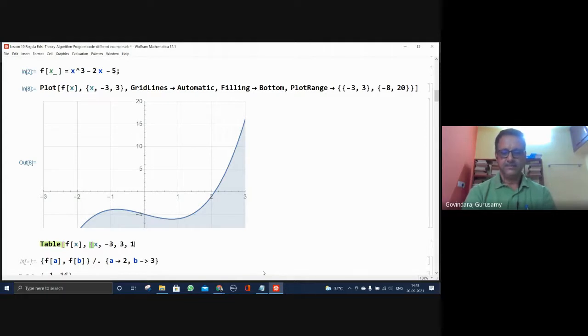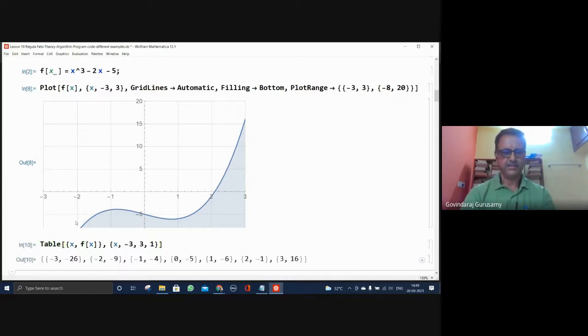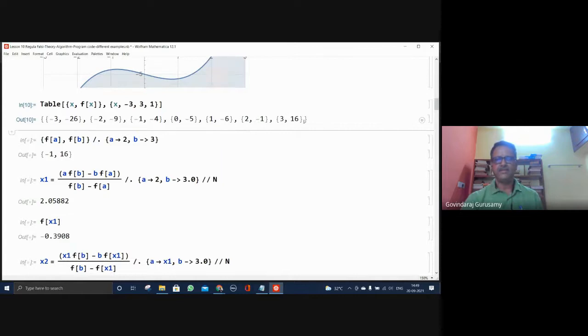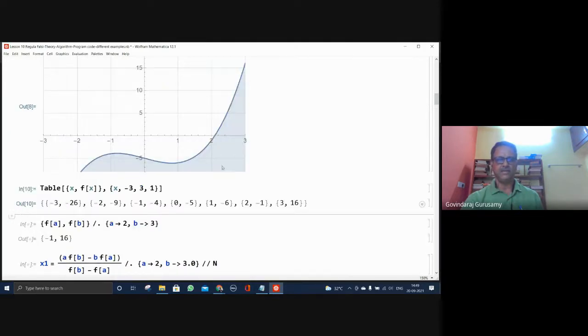If you want, you can make a table of x and f of x, a pair of quantities, and you can confirm it now. 2, minus 1; 3, 16. Other places also I have found this, and you can confirm all these values, they will be consistent.